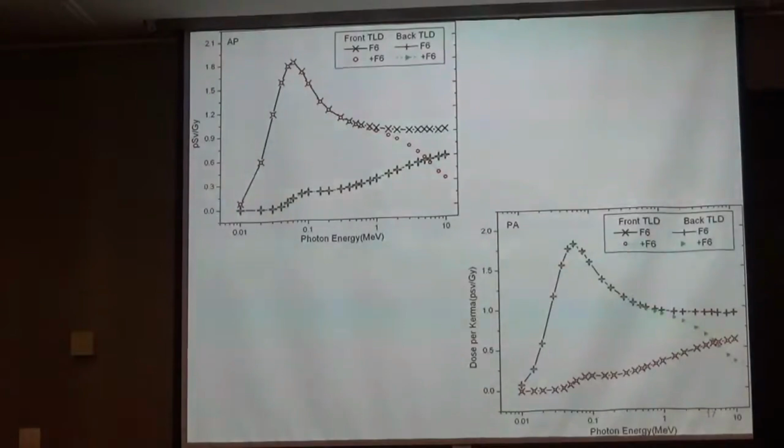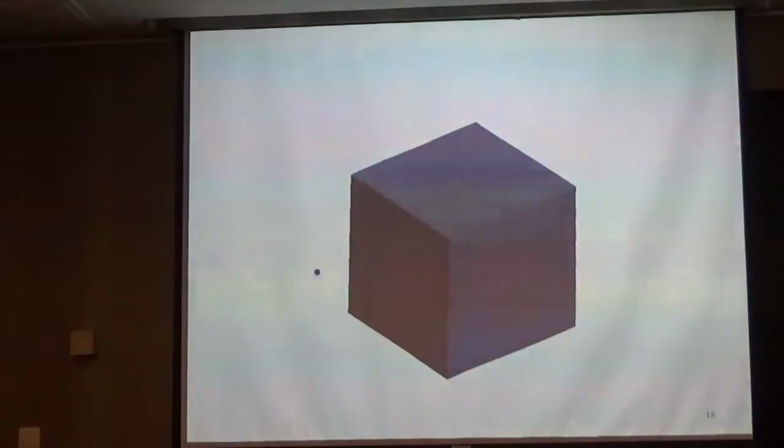You can see the reason for this difference in this figure. In the F6 tally, in the thermo approximation, electrons are absorbed at the production origin, they aren't transported, but in the plus F6 tally, the electrons are transported.